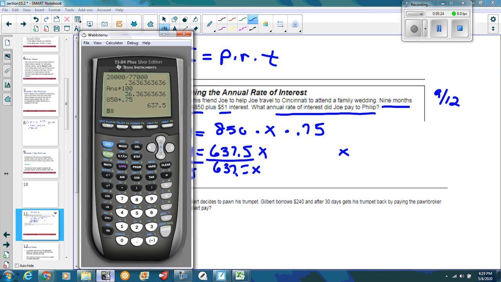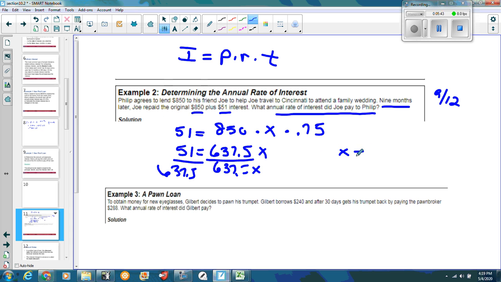So I took 51 divided by 637.5, and because we want an interest rate, we're going to multiply it by 100, and that's going to give 8. So what was the annual rate? It was 8%.